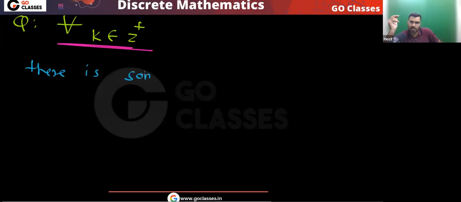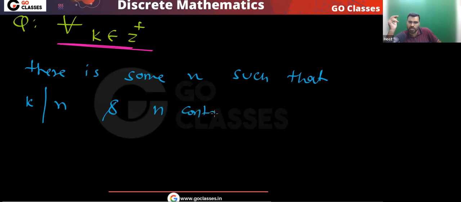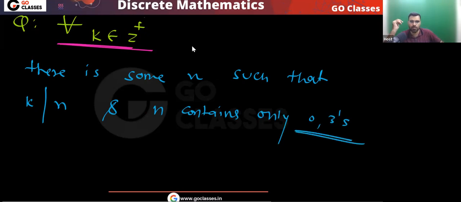There is some n such that n is a multiple of k, such that k divides n, and this n contains only 0s and 3s. How will you prove it?